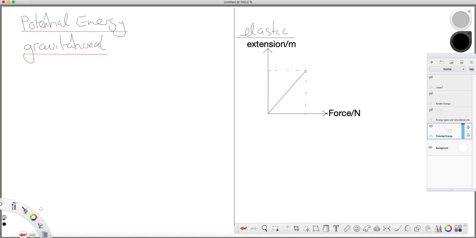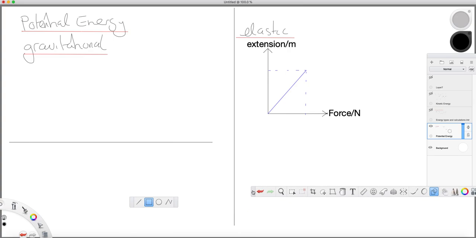Gravitational energy. Well, if you consider ground level there, and let's take ourselves an object which we have raised from ground level, and let's say that object has been raised a height h.